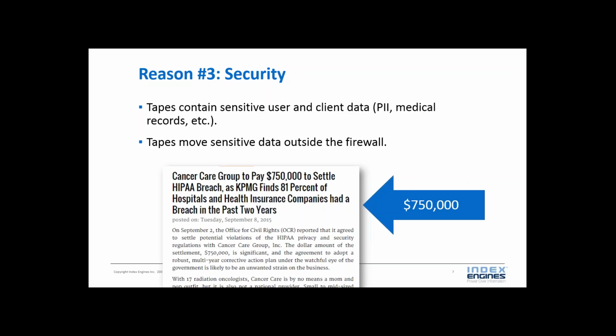That was a security violation and not something the government looked kindly on, but it's also very embarrassing for the organization. And so a $750,000 fine plus the court and legal expenses, it's well over $1 million for one incident where tapes containing sensitive customer data were stolen out of somebody's car.